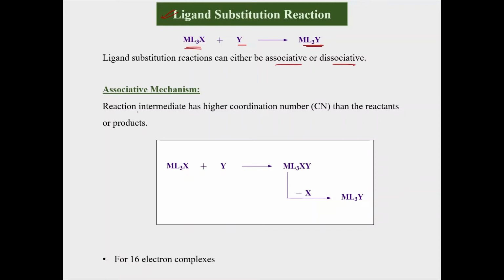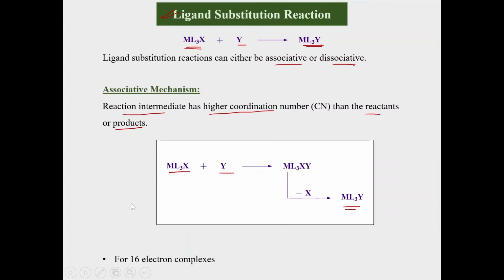In associative mechanism, the reaction intermediate has higher coordination number than the reactants or products. So in associative mechanism, ML3X reacts with Y to first give the associated complex ML3XY and then the ligand X releases and we finally get the ligand substituted product.